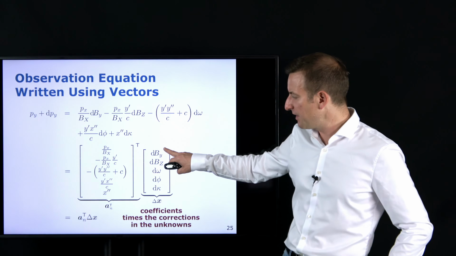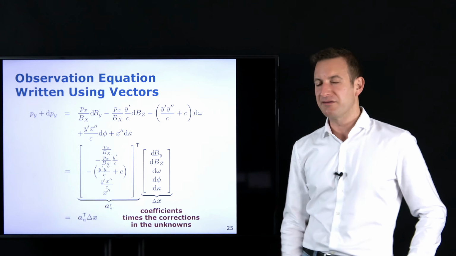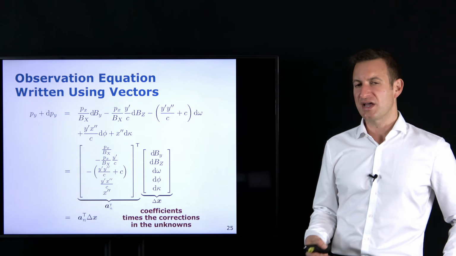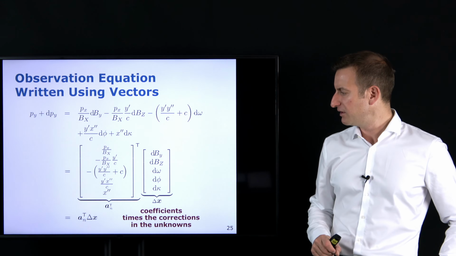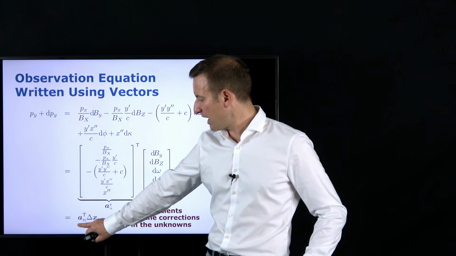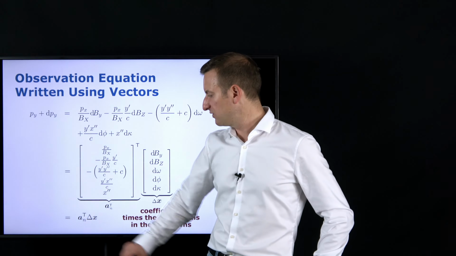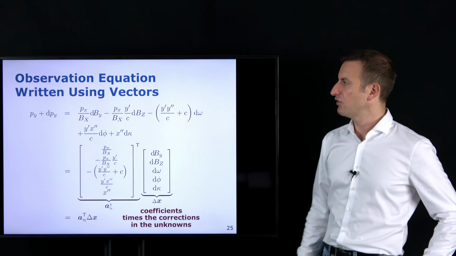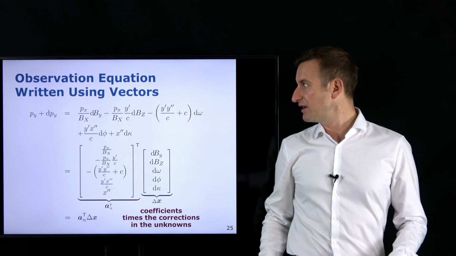And then I have my corrections in my unknown parameters, my 5-dimensional vector, which tells me the change in Y, change in Z, and the change in the yaw, pitch, roll angles that we have in here. I can express this for every single constraint, so for every corresponding point pair, as this coefficient vector and the update in the parameters. And on the other side, I have my observations and the change in my observations.